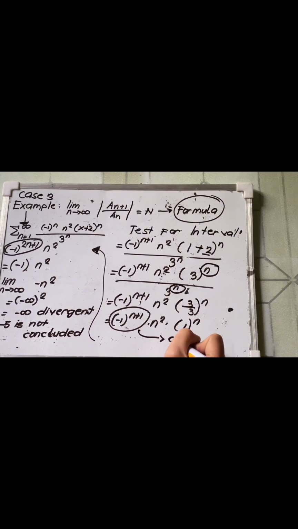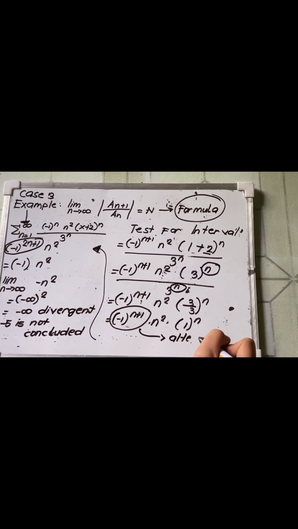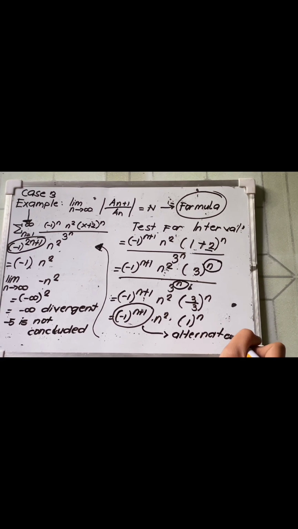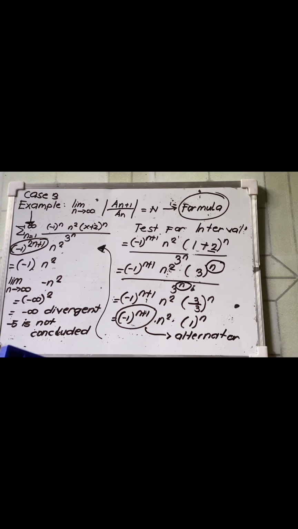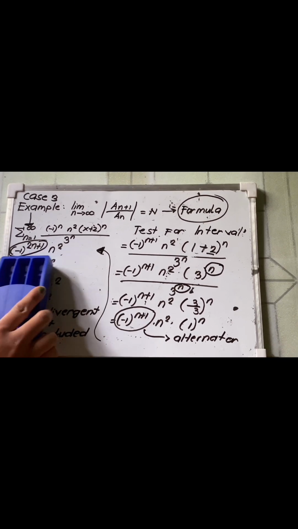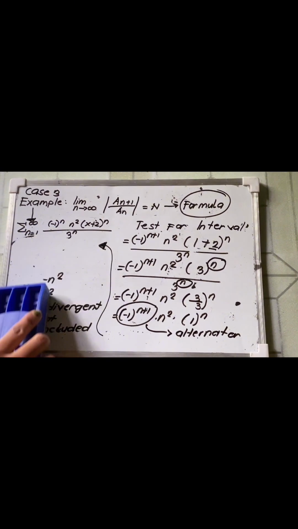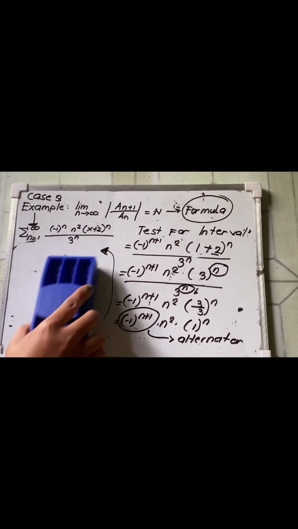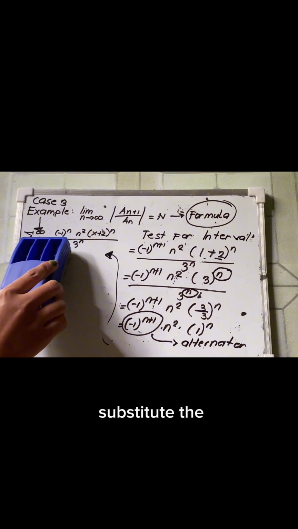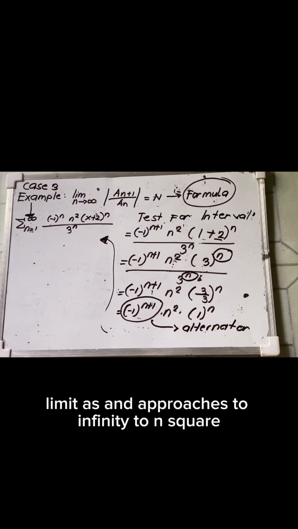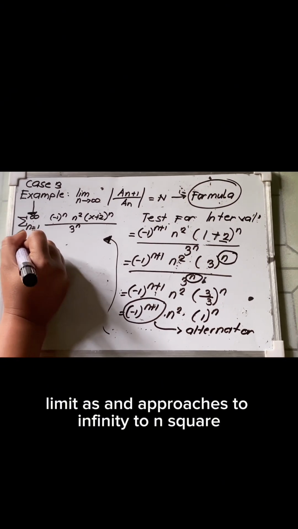So we notice that (-1)^(n+1) is an alternator, but the conditions are not met in the given problem. So we can directly substitute the limit as n approaches infinity of n squared.